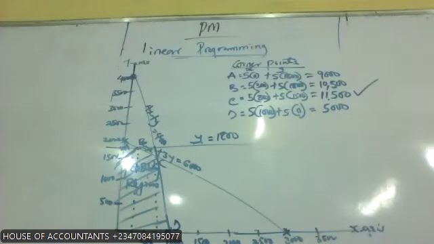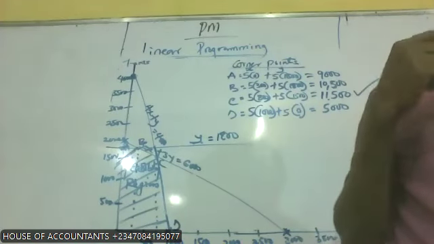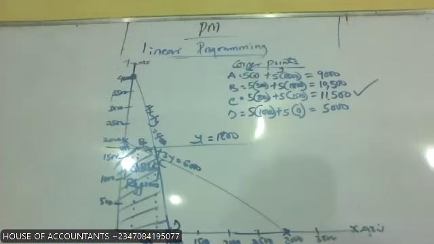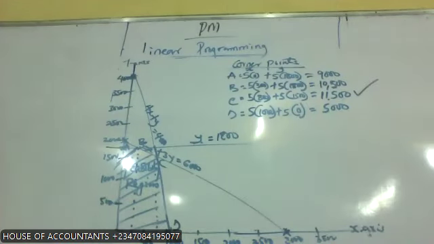The organization is advised to produce 800 units of X and 1,500 units of Y, to maximize the contribution.